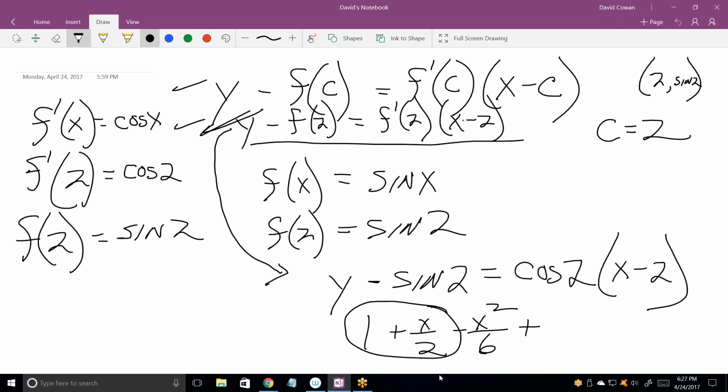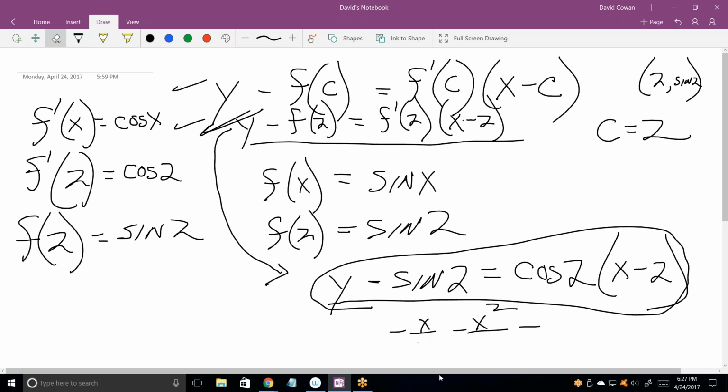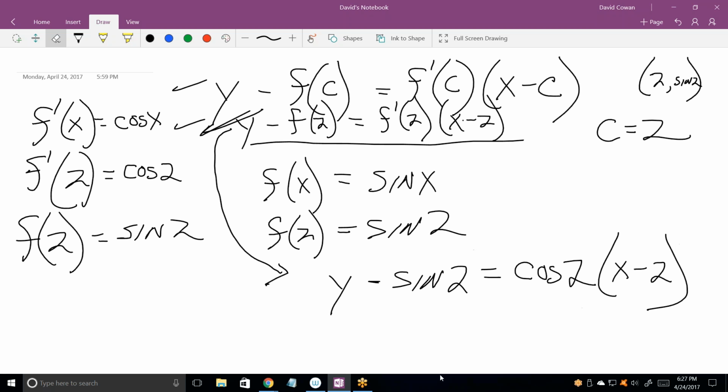Now, is this our final function? Because that's a little problematic, because I don't know how to do these. In other words, who knows what the sine of 2 is?